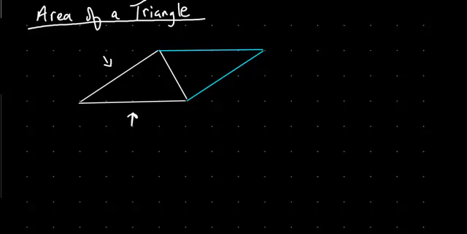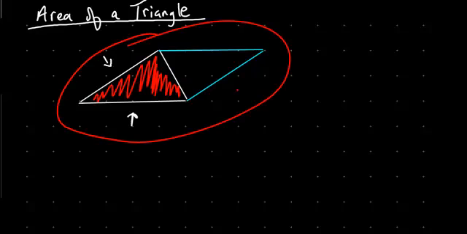So the area of the triangle here is going to be half that of the area formed by the entire parallelogram. So the area of a triangle is going to equal 1/2 the area of that parallelogram we formed.